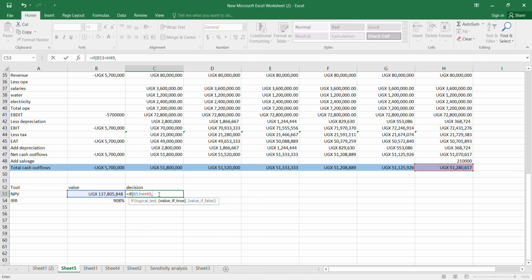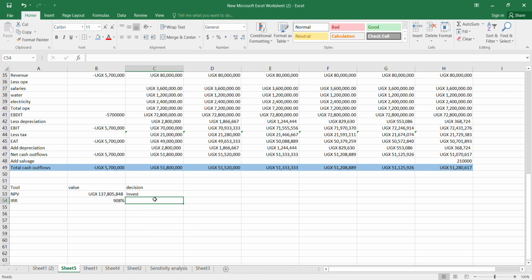You put a comma and double quotes. Since it is a string, you say invest, you close it, you put a comma, and for another scenario you say don't invest if it's otherwise. Then you close the bracket and press enter.